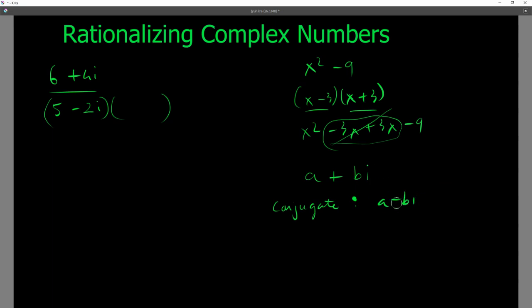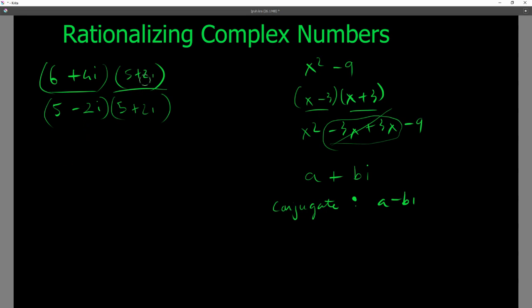Oh, that was terrible spelling, conjugate. So you take the exact same thing, but you change the sign in the middle. So here I would multiply by 5 plus 2i at the bottom, and I have to do the same thing to the top, right? Because it's a fraction. I have 5 plus 2i.